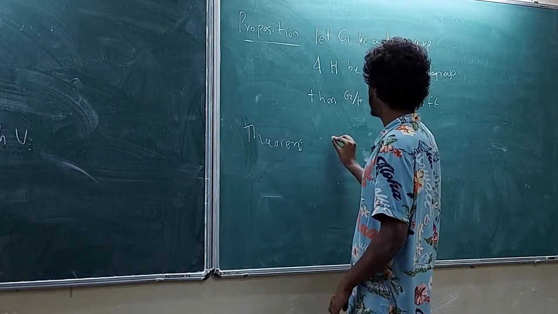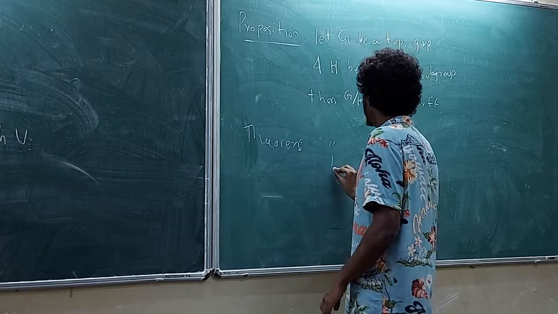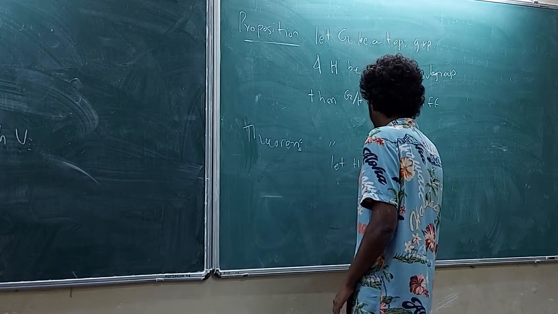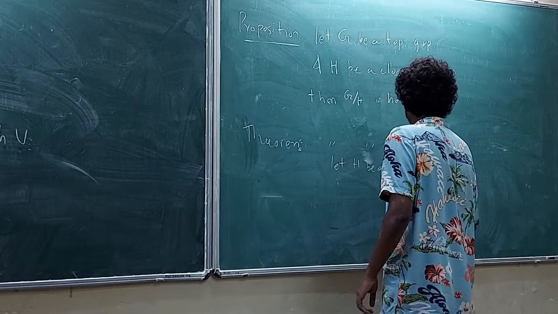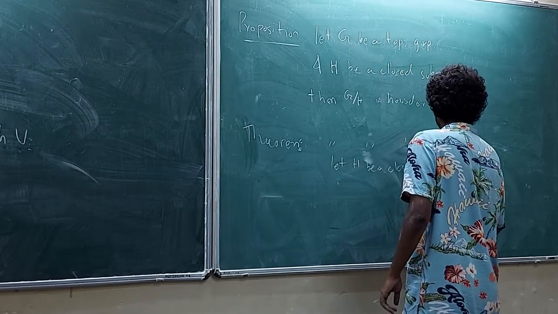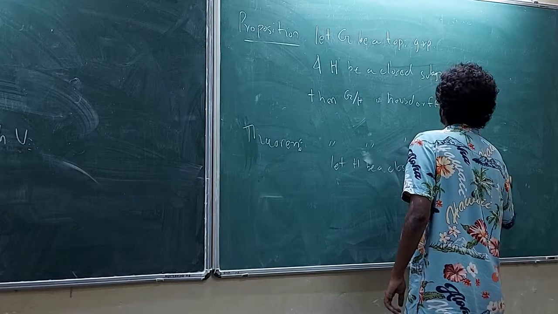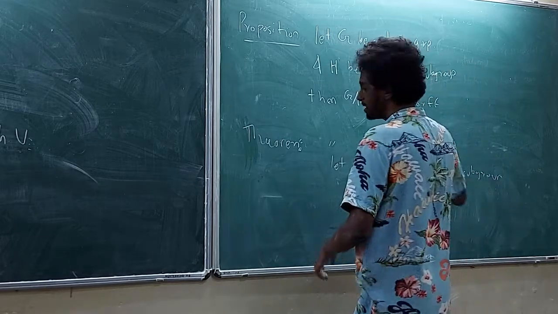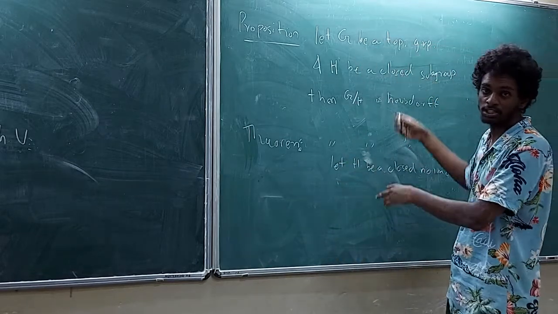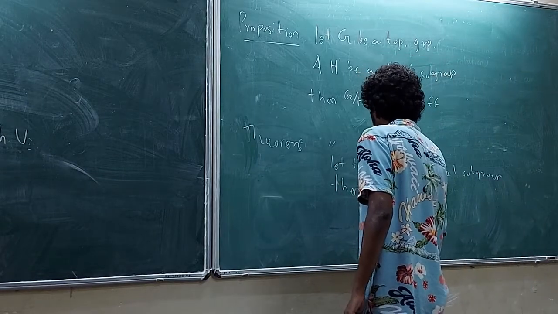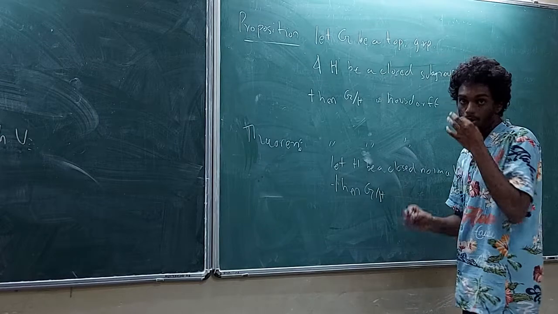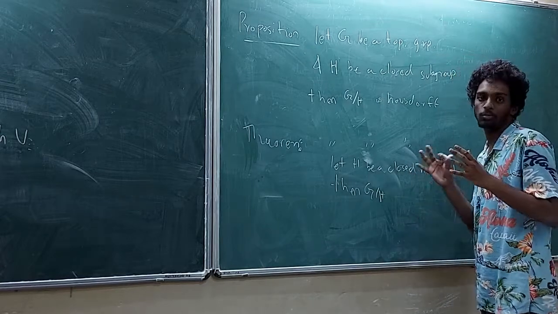So let G be a topological group. Let H be a closed normal subgroup. Obviously, in both these cases, I assume that G is Hausdorff. Then the quotient, finally, we could develop a quotient that is also a topological group.